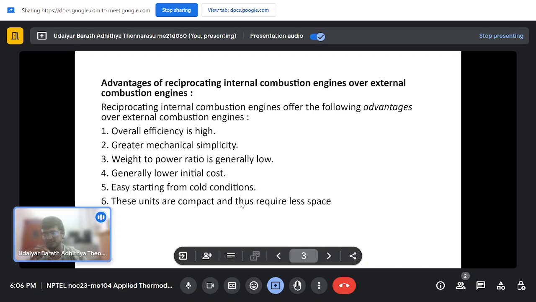So all that is avoided. The initial cost is very low, it has easy starting from cold condition, and these units are compact and require less space. These are the advantages of internal combustion engines.